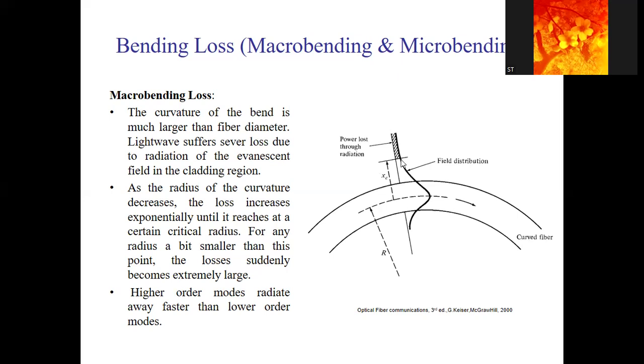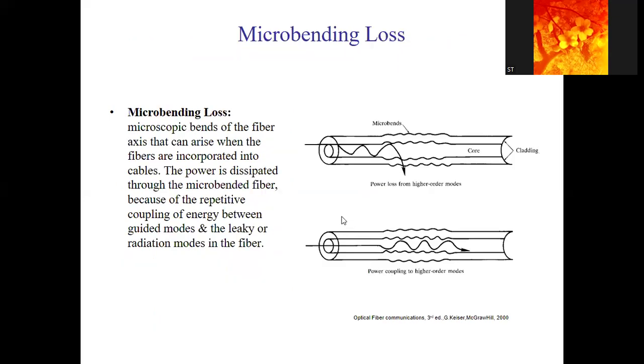and this solid line is showing the field distribution with respect to this axis. Now next is microbending. What is the cause of microbending?